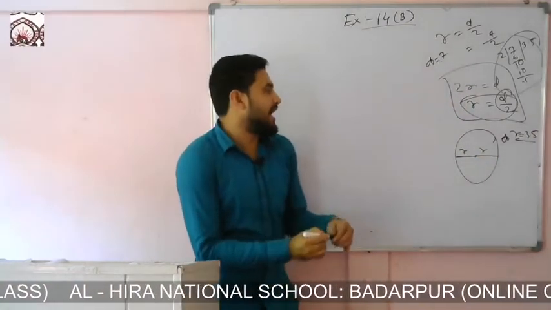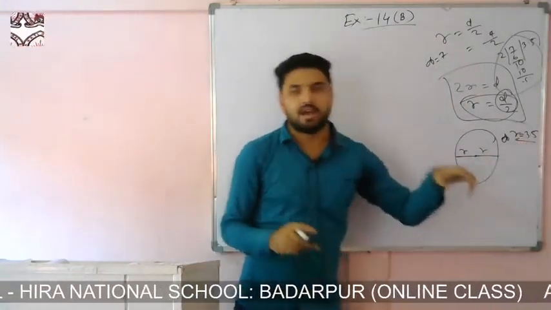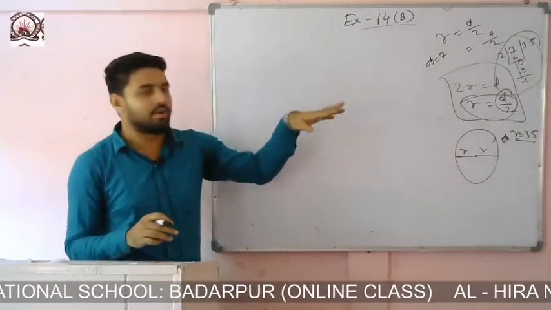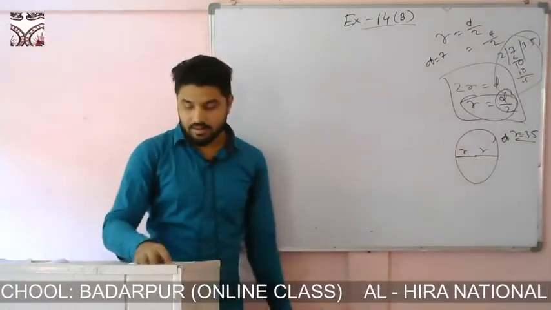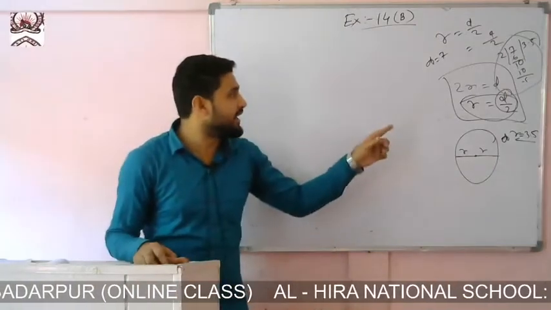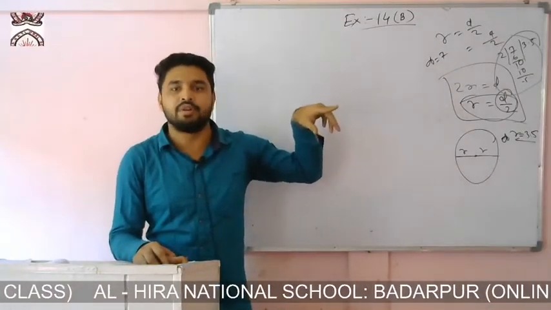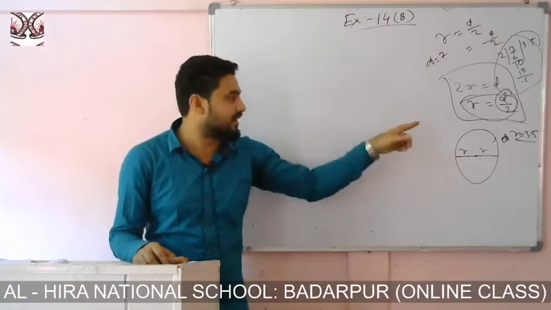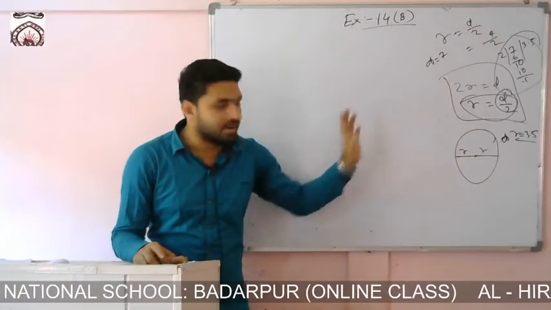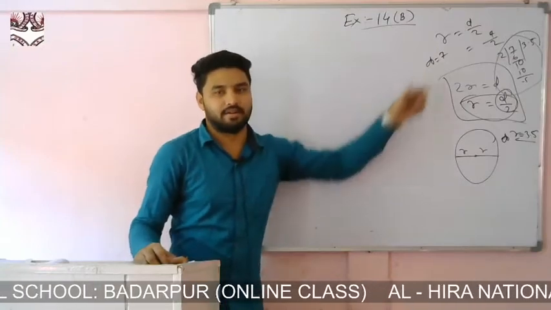Now with the radius equal to 3.5, we shall draw a circle, and that will be equal to the diameter 7 centimeter. If we draw the diameter of this circle with radius 3.5, we will get the diameter 7.